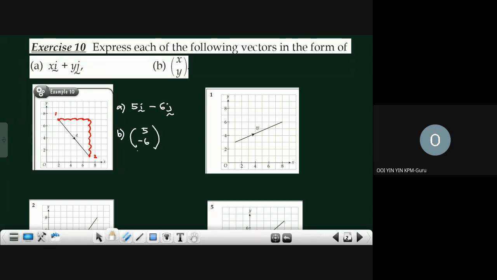This one, no need to write I and J. These two forms are also vectors. If they give you a question like this, you must know how to look at it and where its location is.